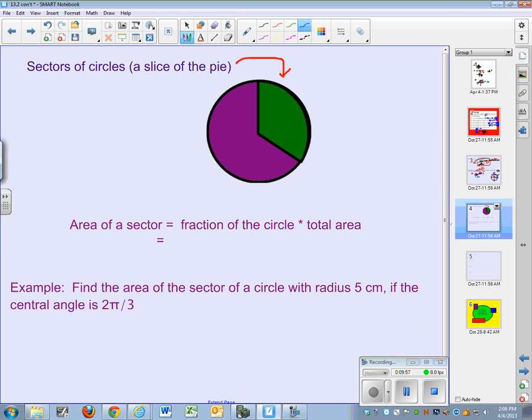Next formula that we're going to talk about is for the area of a sector. So if you think of a circle like a pie, the area of a sector is like a piece of that pie, like the green part or the purple part of the circle up there. Look at your formula. Area of a sector is going to be fraction of the circle.